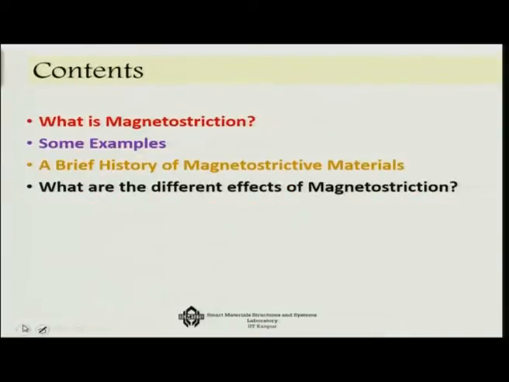What I am going to talk about today is what magnetostriction is, some examples which will help us understand the phenomenon, a brief history of magnetostrictive materials, and the different effects of magnetostriction, so that we develop a bit of background about it.